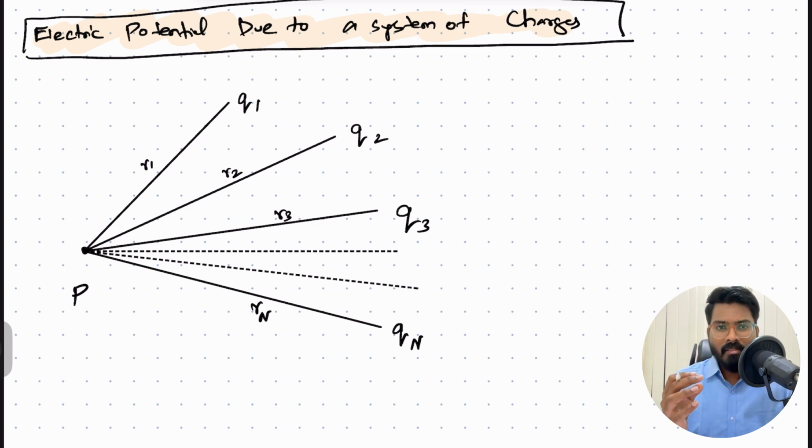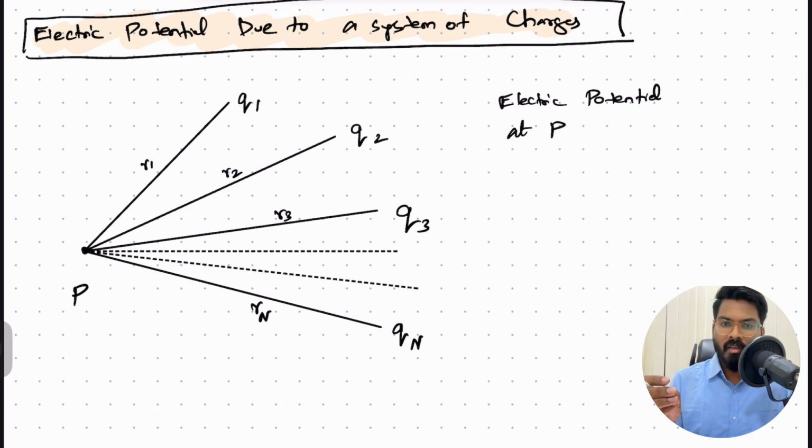We are interested in finding the electric potential at P. When we do that, while it is a system of charges, we can arrive at the total summation only if we are able to calculate the electric potential due to each point charge.